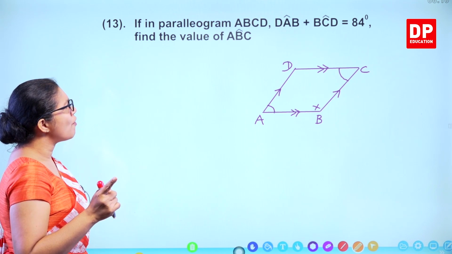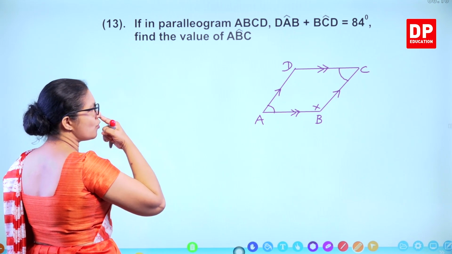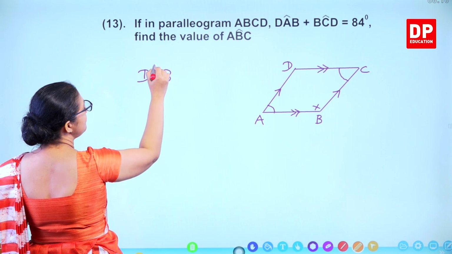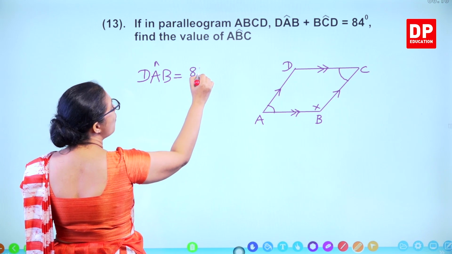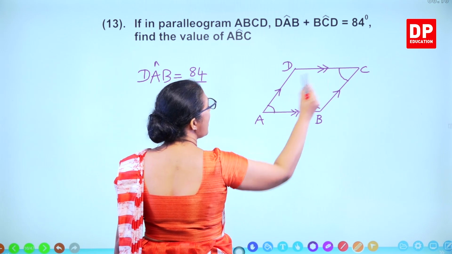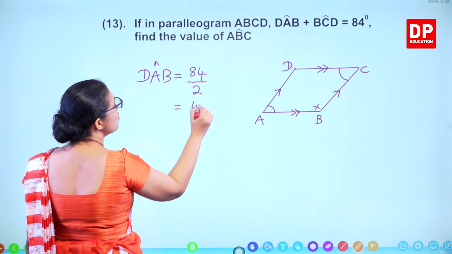So what is half of it? So one angle is half of that. So we can write DAB angle is 84 divided by 2 because this angle and this angle both are equal. So you get 42 degrees.